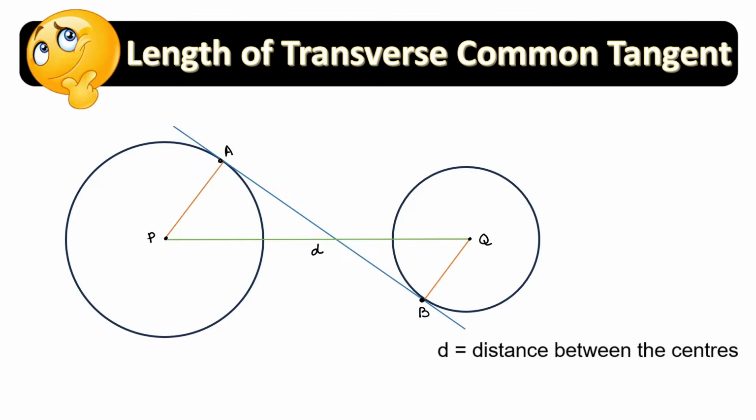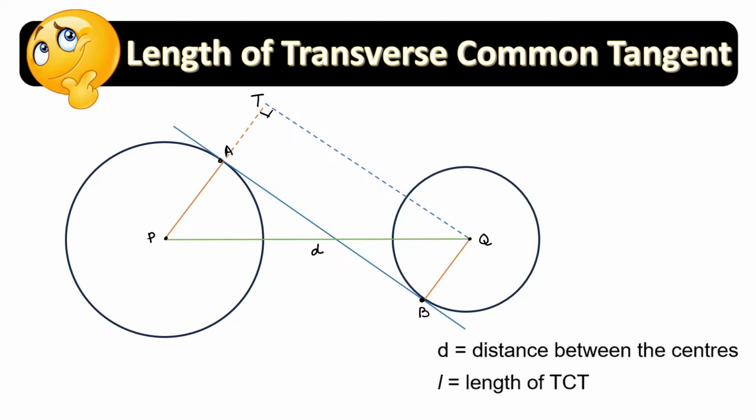Now let us draw a perpendicular from the center Q on the line PA. From Q, let us draw a perpendicular on PA. So PA has to be extended. They intersect each other at T. So QT is basically perpendicular to the extended part of PA.